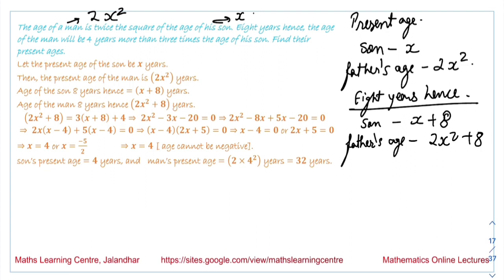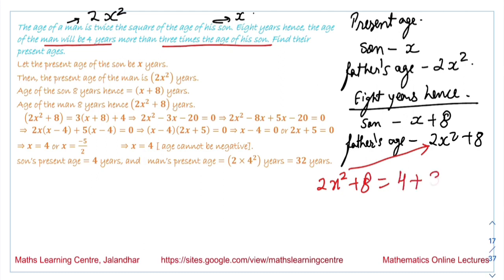Now what is given to us is the man's age will be 4 years more than 3 times the age of the son. This thing, 3 times, is over here, and 4 years more is over here.